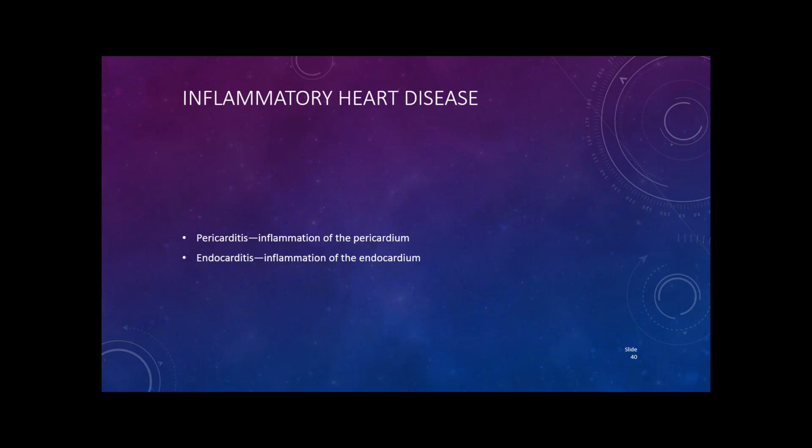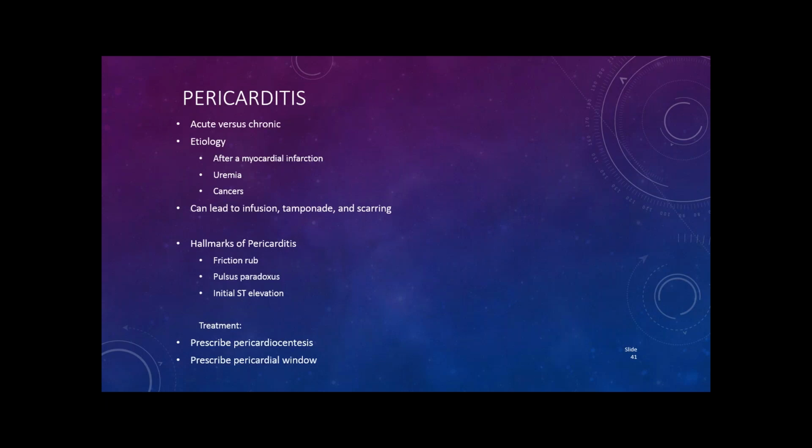The valves are made of that same endocardium lining. So pericarditis, the outside. You must recognize that some people have acute, but some people have chronic pericarditis, and that's very, very painful, and a lot of times they will put them on Indocin to decrease the inflammation and treat that for long-term therapy.